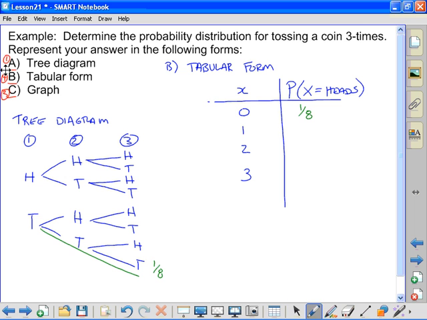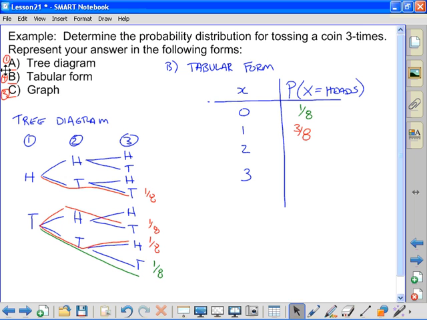For 1 head, it would be tail, tail, head. So there's 1/8. Or it could be tail, head, tail. That's 1/8. Or I could have head first, tail, tail. So there's 1/8. So over here, there's 3/8 of a chance to get 1 head.